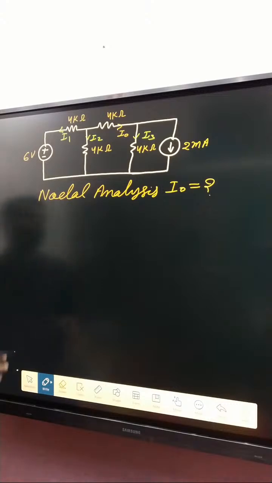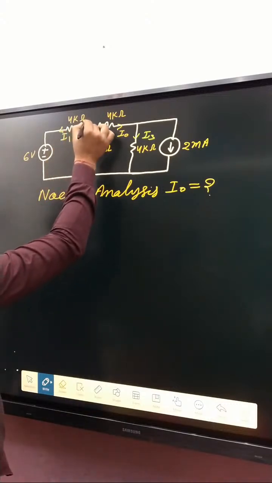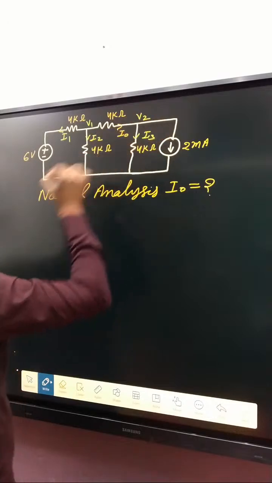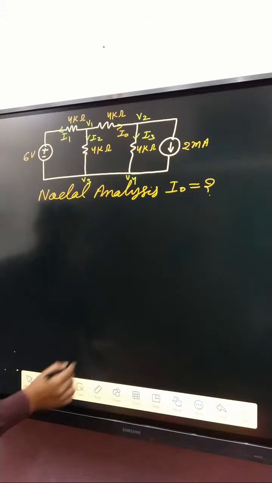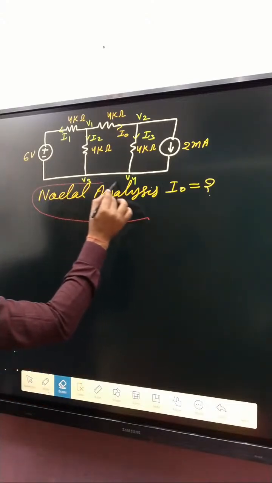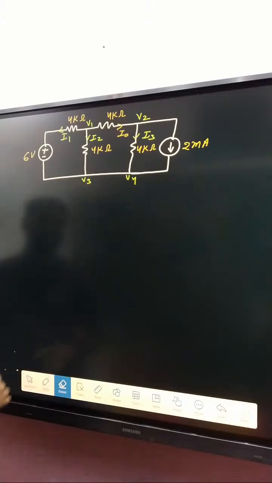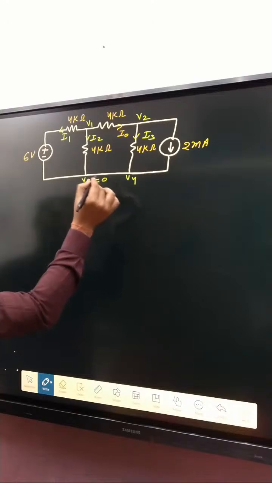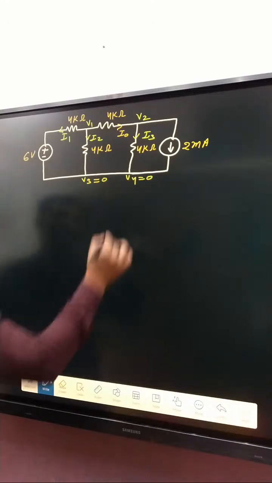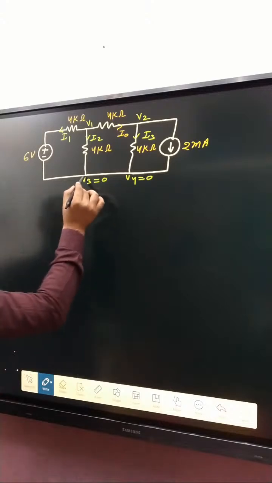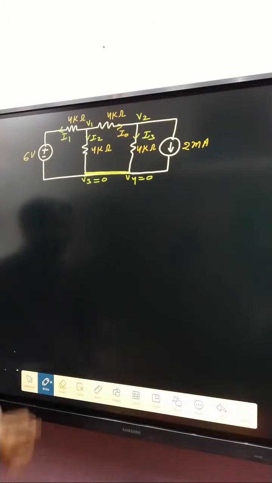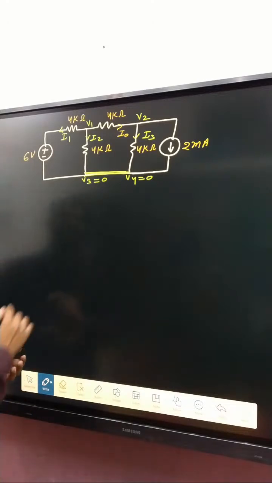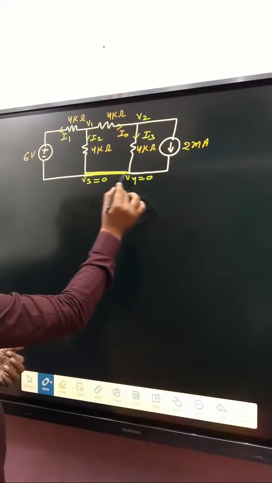Now the second step: decide the node voltages. That one is V1, that one is V2, that one is V3, and that one is V4. After that, take one node as the reference node, meaning 0 voltage. For simplicity, if this one is taken as 0 voltage, then that one is also 0. Why? Because no source or resistance is connected between these two terminals, and we are assuming an ideal wire.